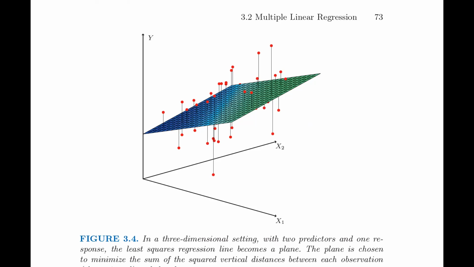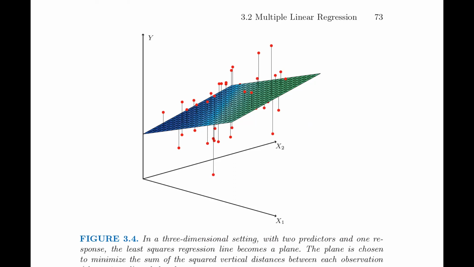I'll be honest, if you told me a line is for one predictor variable and a plane is for two predictor variables, what would it look like for three predictor variables, four predictor variables?